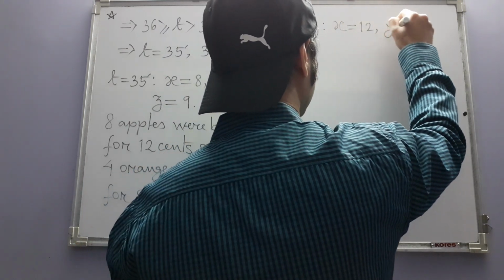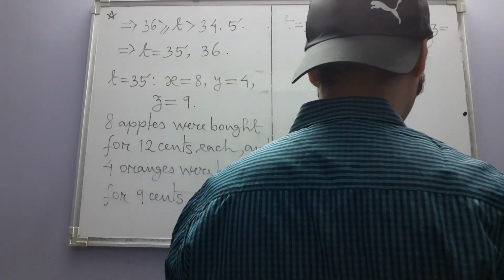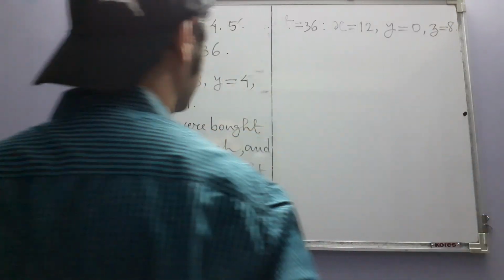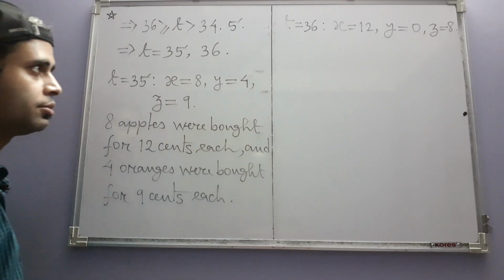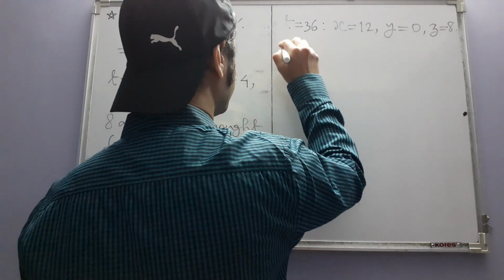So then y has to be equal to 0, and in this case, z becomes 8. So that means no oranges were bought. That is also one possible solution.